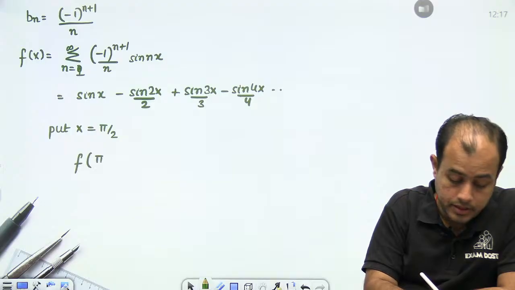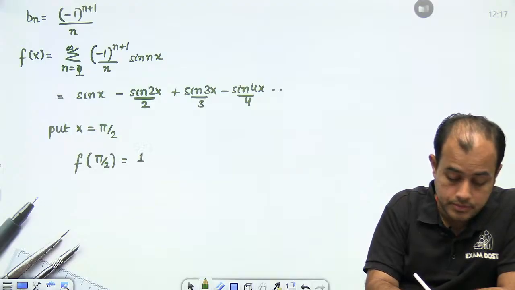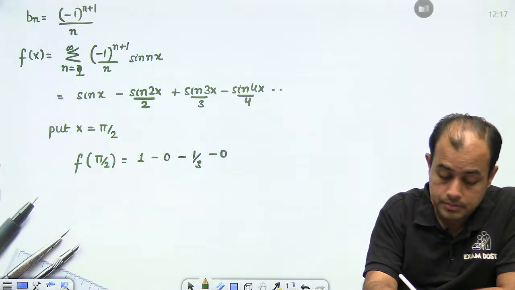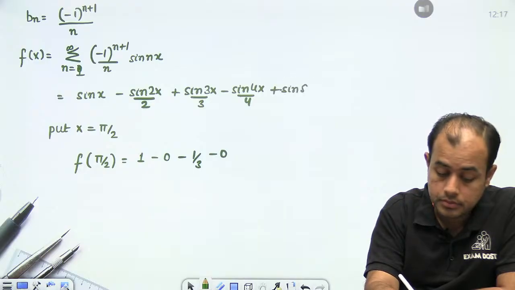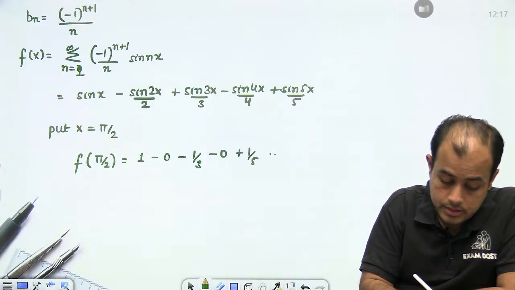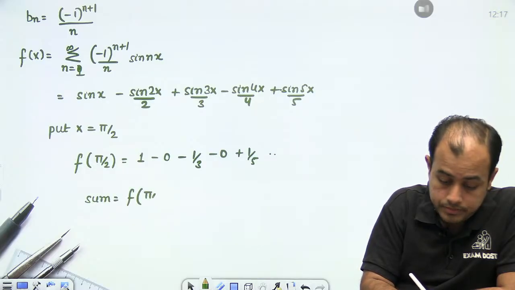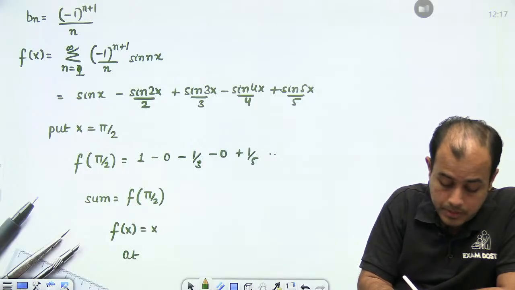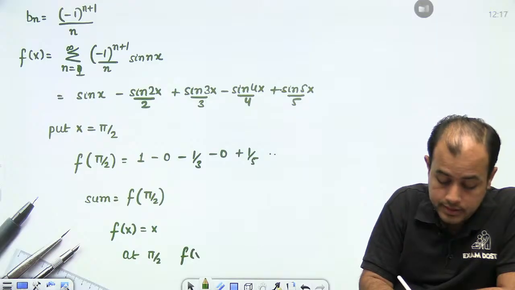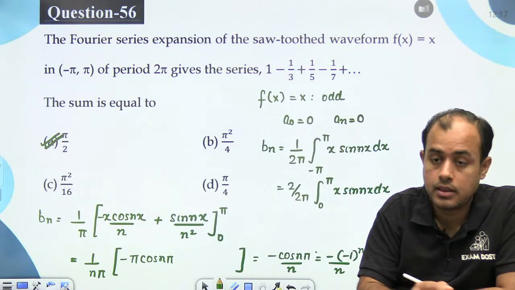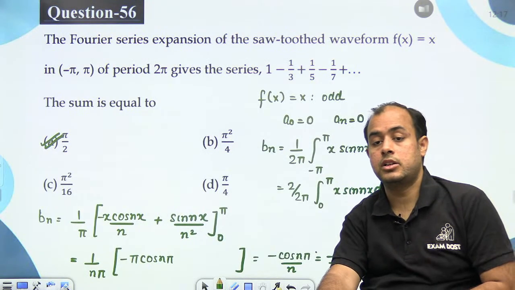So function at pi by 2 gives 1 minus 0 minus 1 by 3 minus 0, sine 5 pi by 2 is 1, like this. So the sum is equal to the function at pi by 2. Now f(x) is equal to x, so at pi by 2, f(x) is pi by 2. So the sum will come out to be pi by 2.